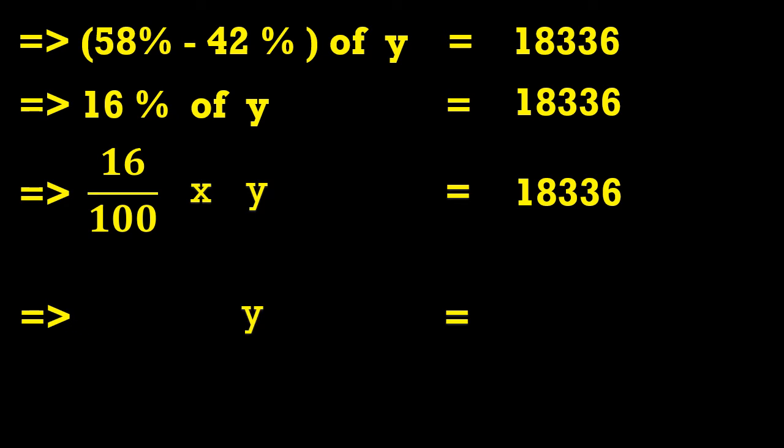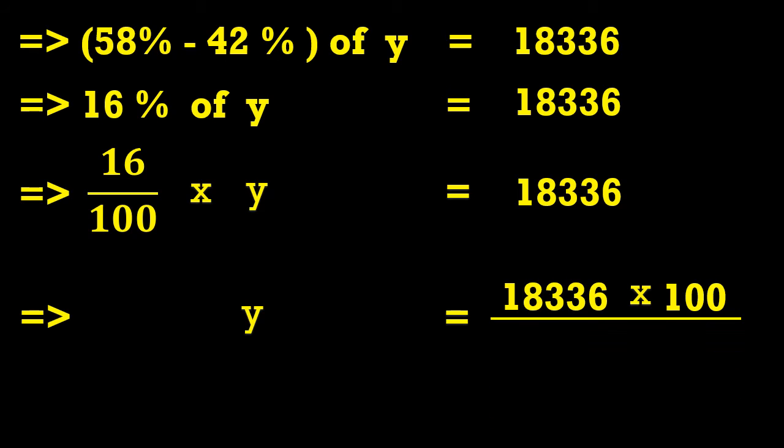Now we will do cross multiplication to find the value of Y. So 16 first, 18,336 next. This 100 will go up, so 100 went there and 16 will go down. Now 16 can be cancelled on both sides.